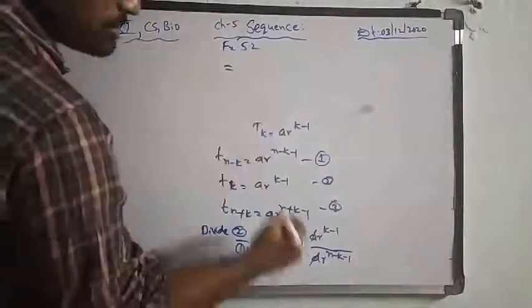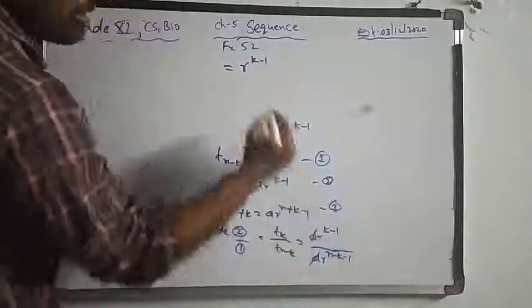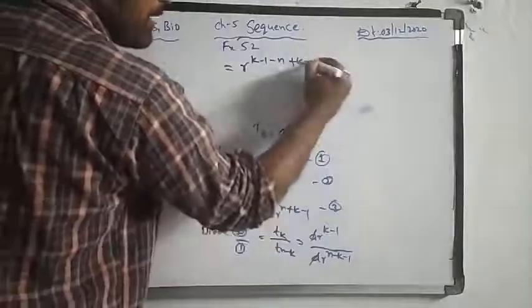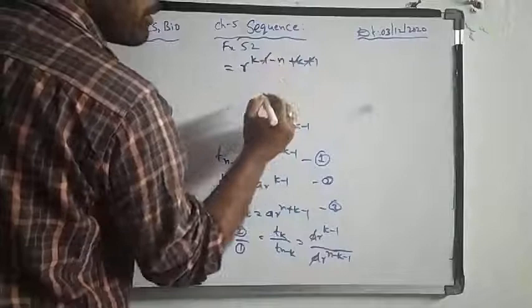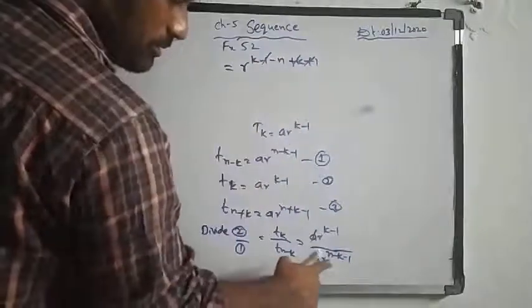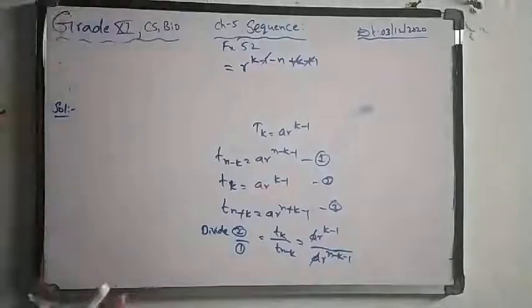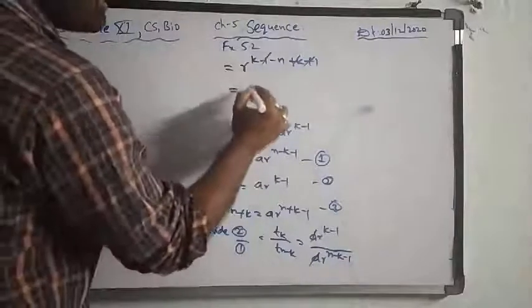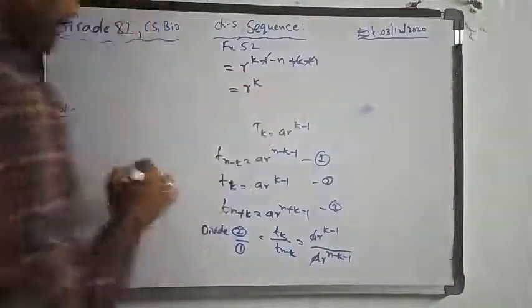So that is equal to r to the power of k minus 1, and this all will change: minus n plus k plus 1, so plus 1 minus 1 plus k. Here it is left with r to the power of k.